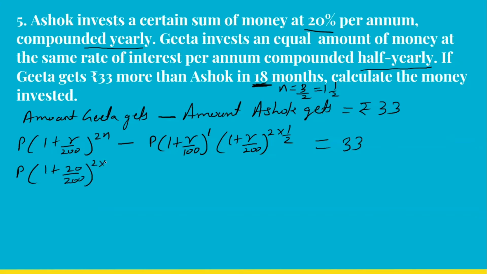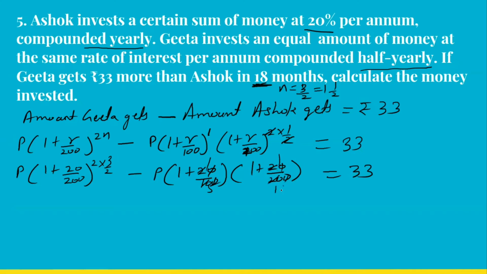So 2 into 3 by 2 minus P in bracket 1 plus 20 upon 100 into 1 plus 20 upon 200 again, because this is for half year, which is equal to 33. Simplify this, you get 2 ones are, 2 fives are, and here we are getting 1 upon 10.